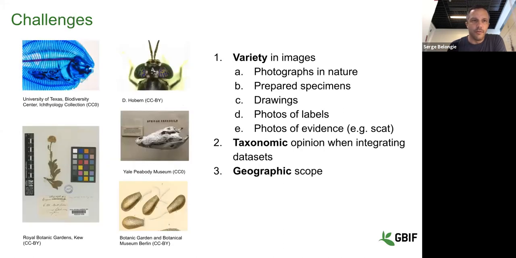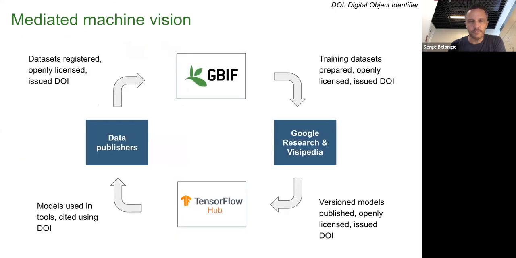So this is just showing the variety of images that you'll find. They're not just these in the wild photos. You can also have herbarium sheets or x-rays, hand-drawn images, and so on.